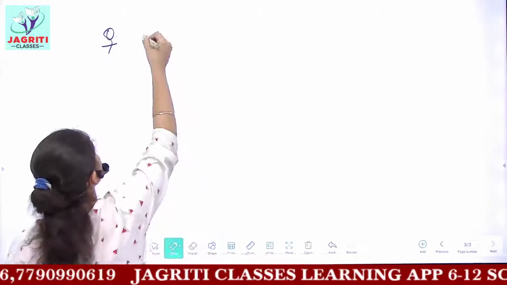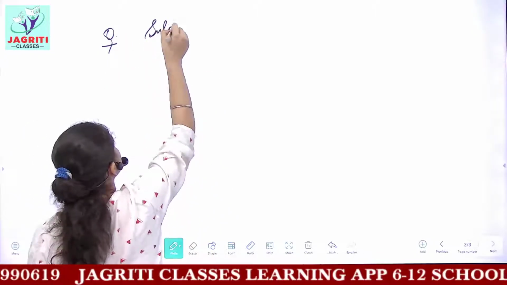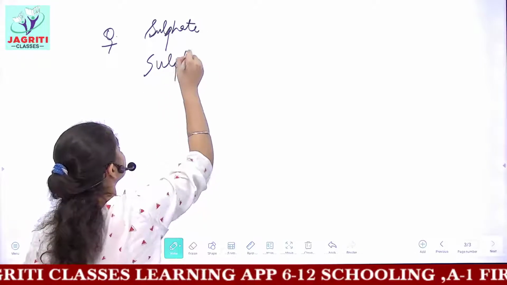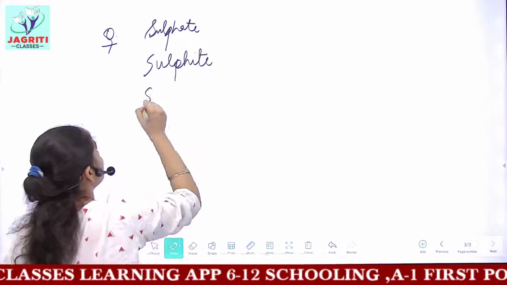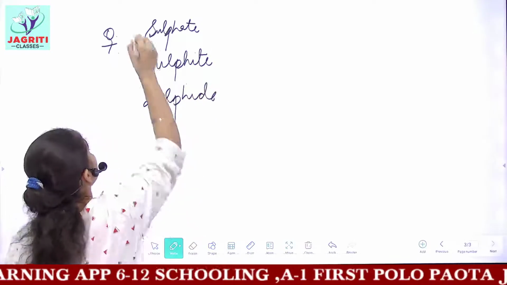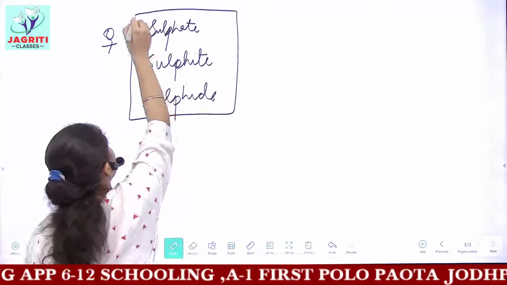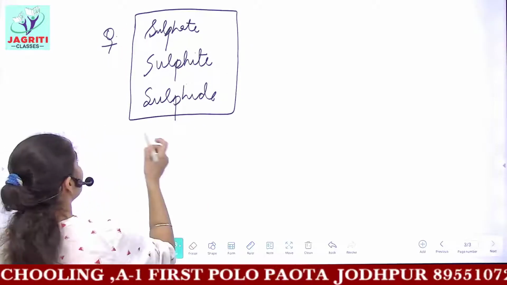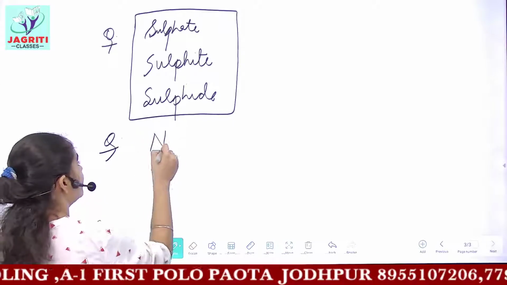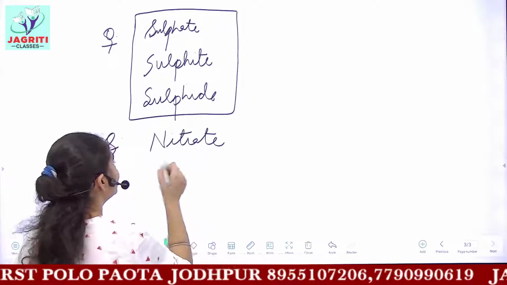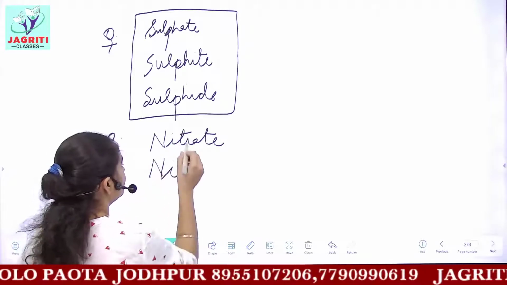It is sulfate, sulfite, and then you have what is called a sulfide. These three are very similar when you talk about the name. Then the other similar pair is nitrite and nitrate. So better learn these with care.